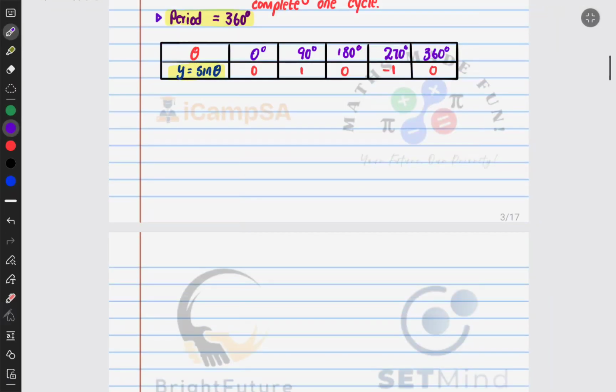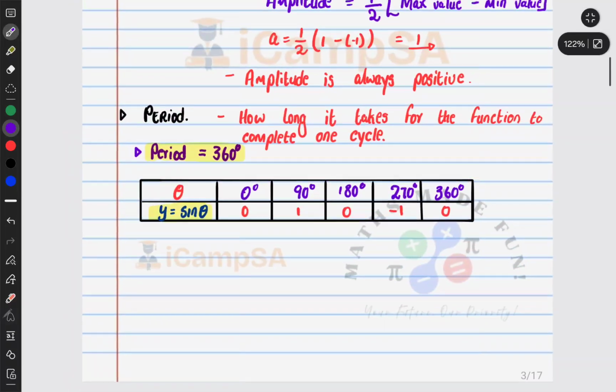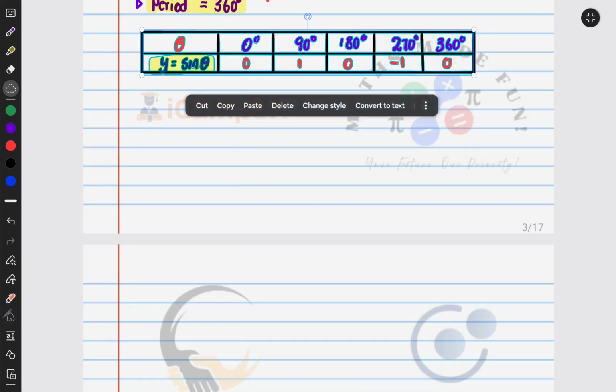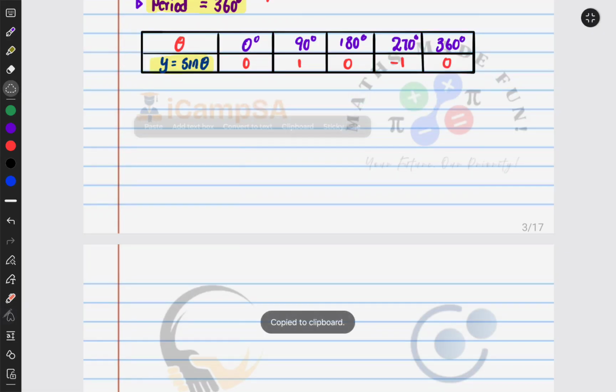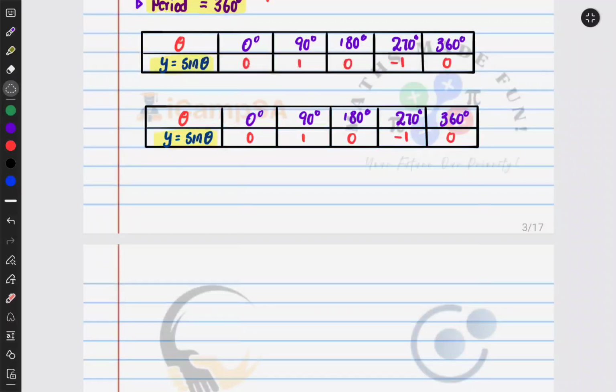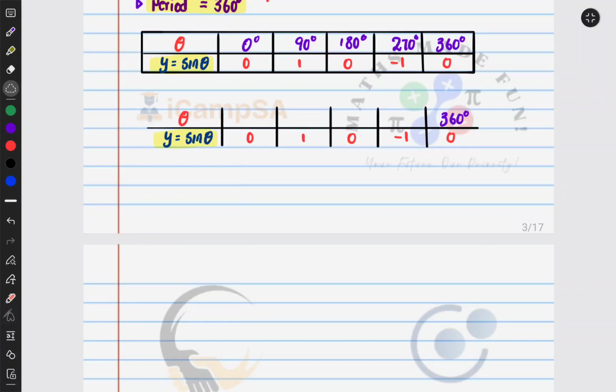Okay, so I want to show you something about the period, because after completing one cycle, what happens with the trigonometric functions is that they start repeating the same shape again, and that is what I actually want to demonstrate for you guys. I'll need a second table here, and then we're going to increase the number of degrees we are looking at.